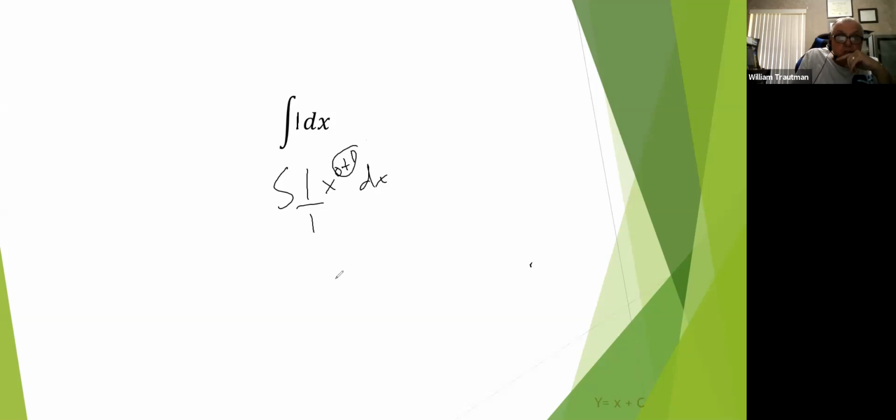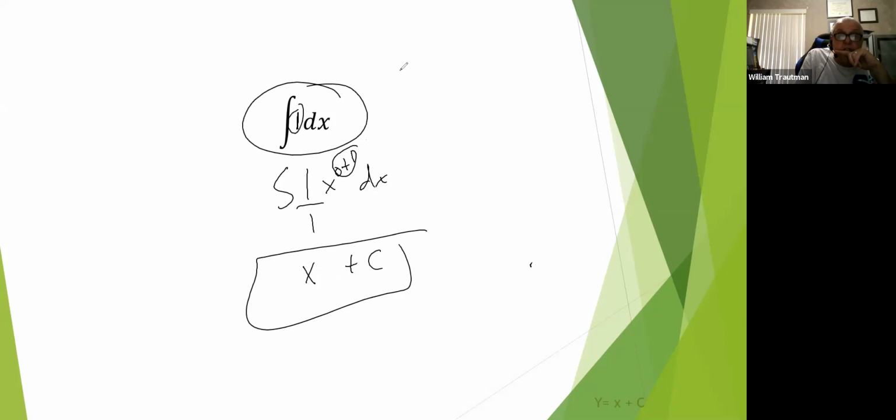So this becomes x to the 1 power divided by 1 plus c. So when you integrate just 1, or if you want to call it nothing, there's an invisible 1 there, you end up with x plus c. And the integration of any constant equals x. If I had a 5 there, it'd be 5x. If I had a 3 there, it'd be 3x. And then don't forget the plus c.